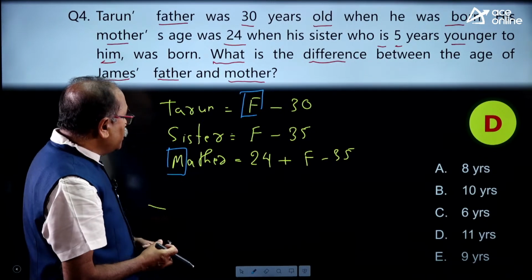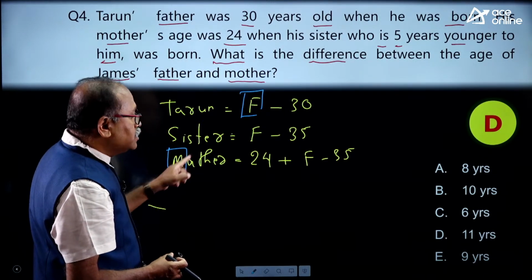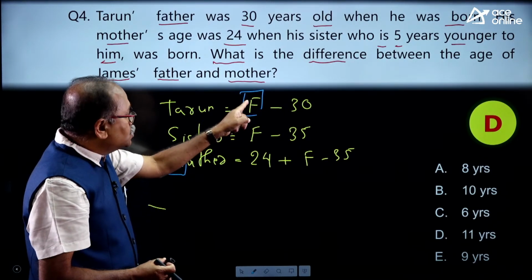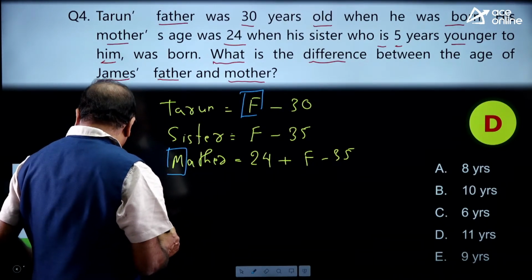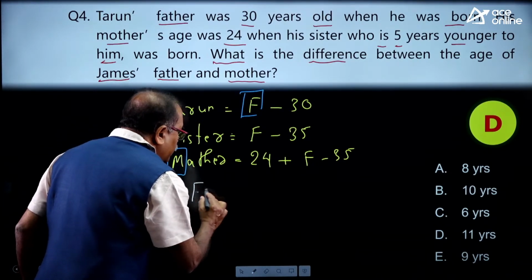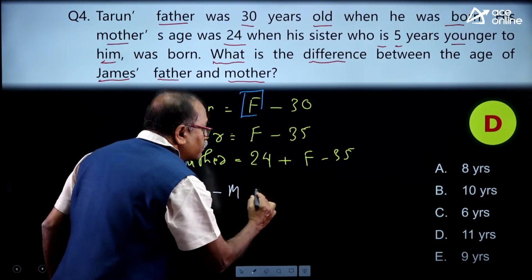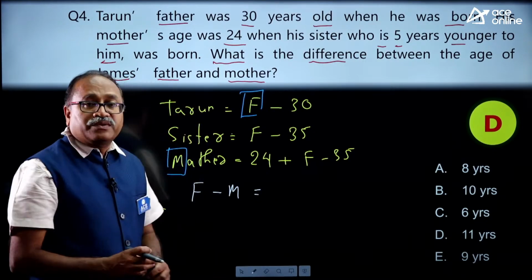Now, what I need is, the father's age is higher, so father's age minus mother's age. That is what the difference is. Father minus mother. How do I write this one?